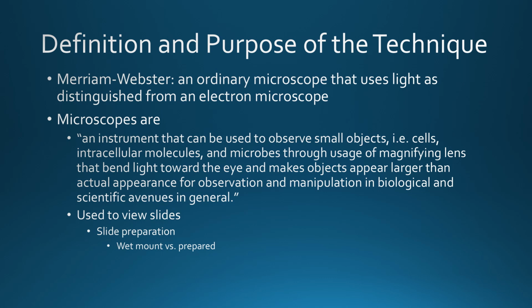What is the definition and the purpose of the technique microscopy? Well, if you can recall, microscopy is the study and usage of microscopes. What are microscopes? Tools that are used to observe extremely small objects, objects too small to be seen with the naked eye, like cells, membrane bound intracellular molecules, microbes such as E. coli, salmonella, plasmodium.